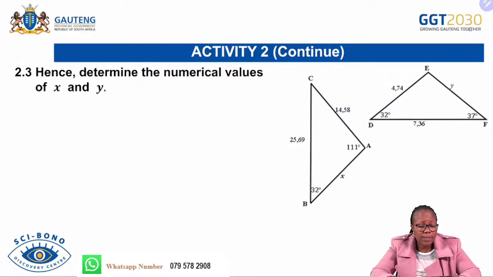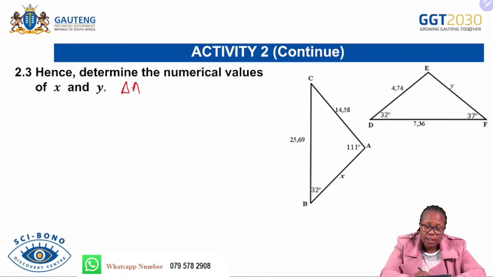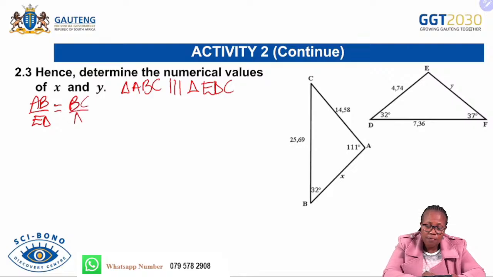And then now, hence, determine the numerical values of X and Y. Remember, we have just proven that triangle ABC is similar to triangle EDF, grade 12. And then we have identified that we can take out the ratio AB over ED is equal to the ratio BC over DF equal to the ratio AC over EF out of the similar triangles.